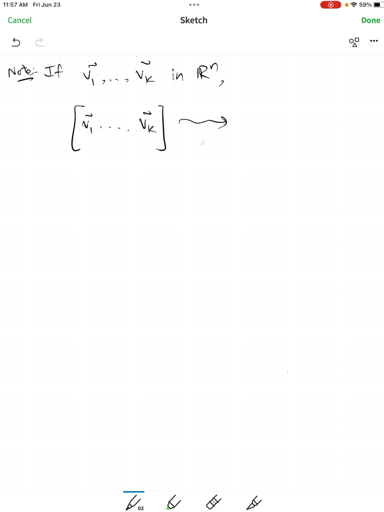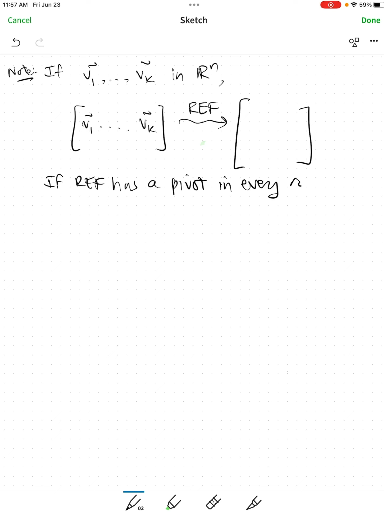And if you row reduce, so you compute the echelon form, if the reduced echelon form has a pivot in every row, i.e. no zero rows.